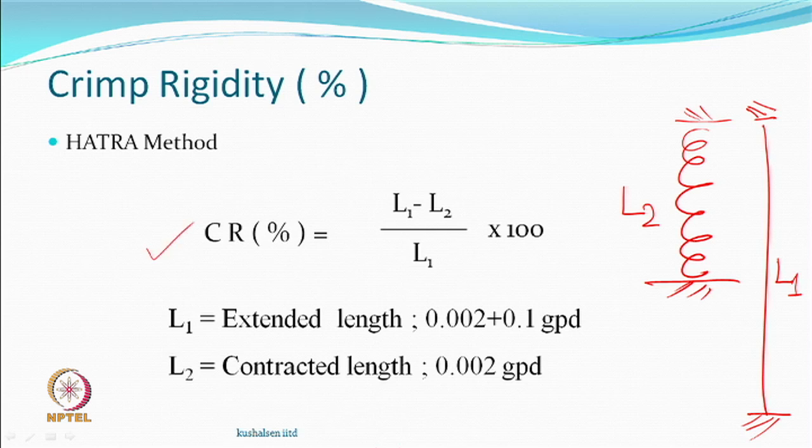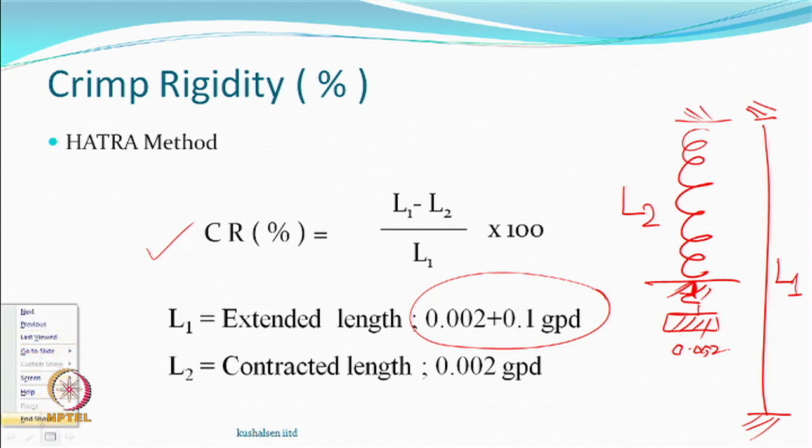That is L1, if you put a load of this much, okay, that means this relaxation that is happening also has a certain load, let us say 0.002 grams per denier.